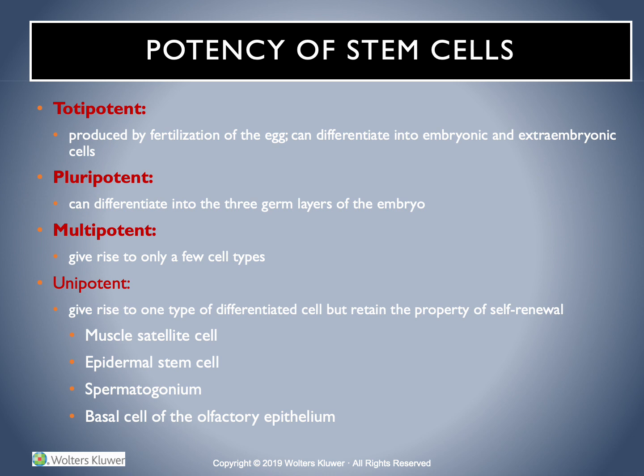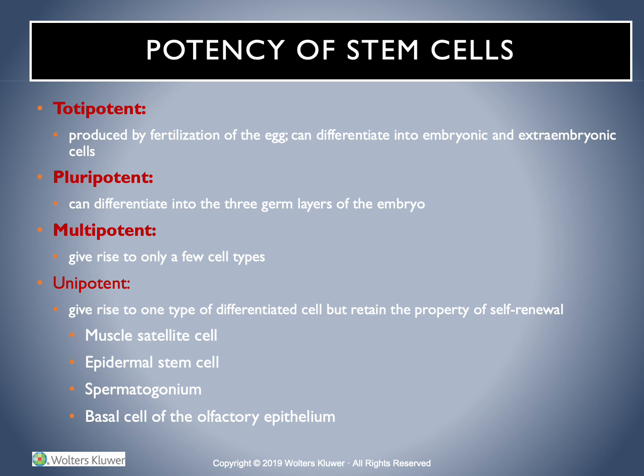Stem cells can also be adult stem cells. These are also known as somatic or tissue-specific stem cells. These stem cells are found in various tissues and organs throughout the body, such as the bone marrow, the skin, your brain, and liver. Adult stem cells are multipotent, or sometimes referred to as unipotent.